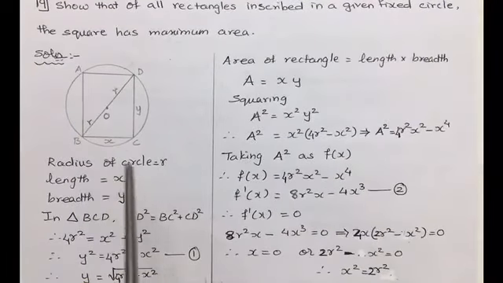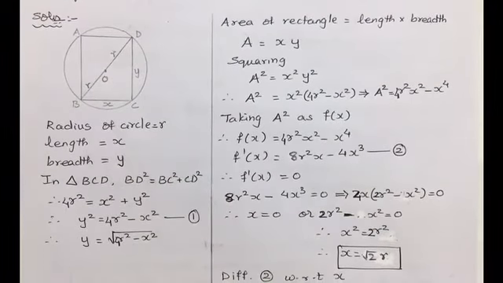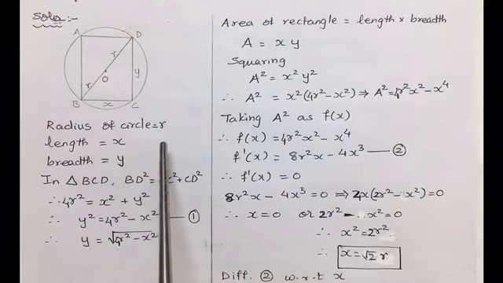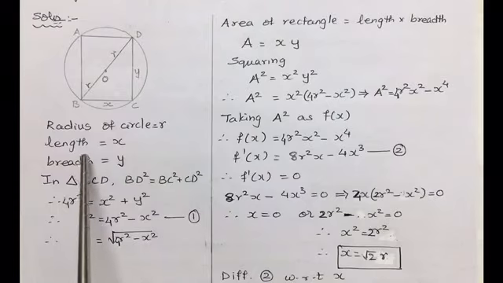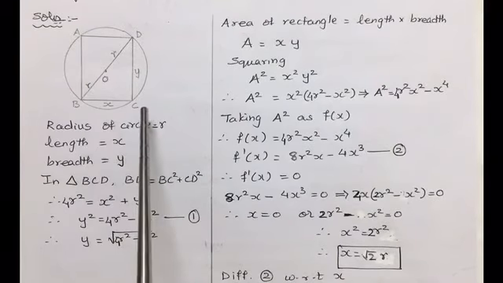Now taking up the dimensions of the circle and the rectangle: the radius of the circle is considered as r, the length of the rectangle is assumed as x, and the breadth is taken as y.